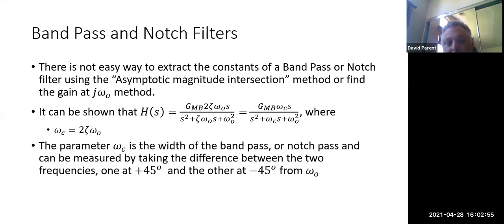But there's something called WC, which you can think of as the width of the band pass or the width of the notch pass. And you don't take that from minus 3 dB to minus 3 dB. For a second order system, you take it from 45 to minus 45.